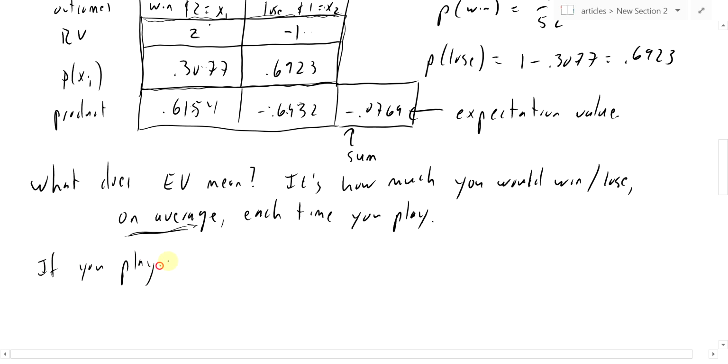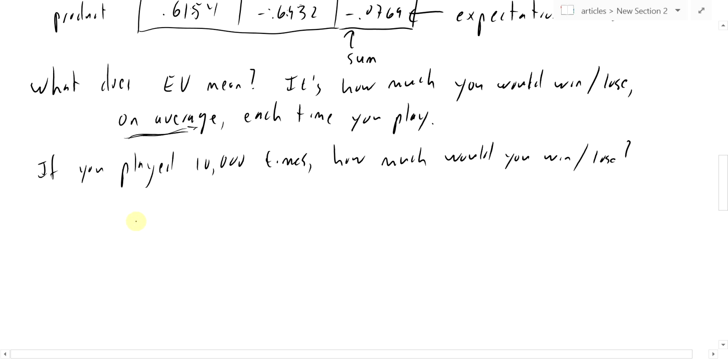We can do sort of the same calculation. How much would you win or lose? So we set up the same table. Outcome 1 is you win $2. Outcome 2 is you lose $1.